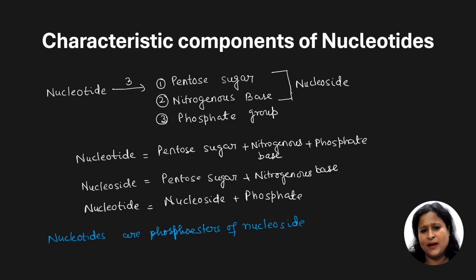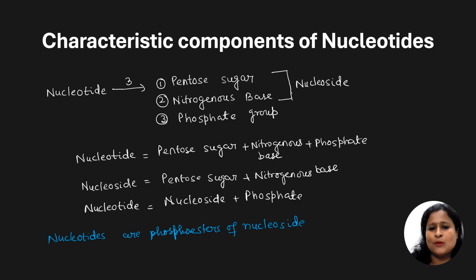Nucleotide has three parts: pentose sugar, nitrogenous base, phosphate. Pentose sugar, when it combines with nitrogenous base, is called nucleoside. So nucleotide is nucleoside plus phosphate, or nucleotide is phosphoesters of nucleoside.